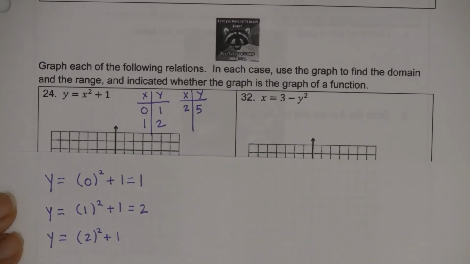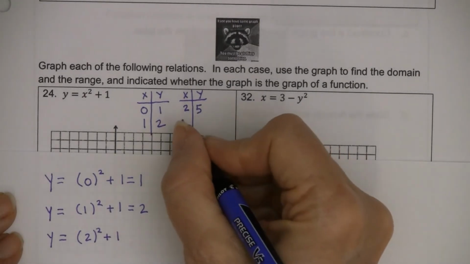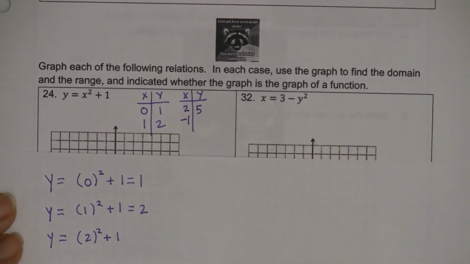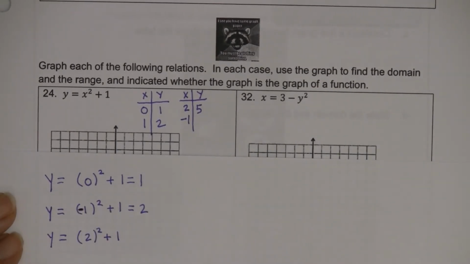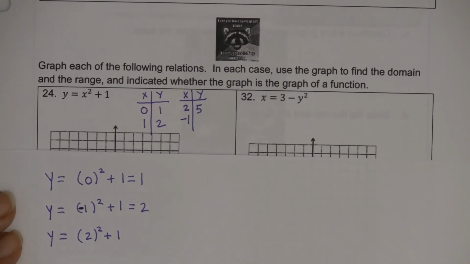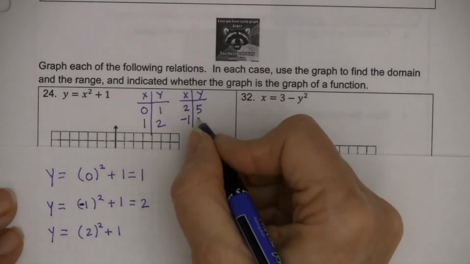Now I want to show you something: because of the squaring here, if I was to choose -1, do you guys agree that if I came here where I had plugged in 1 and put the negative right inside that parentheses right next to the 1, that -1 squared is exactly the same as 1 squared? So I would get exactly the same y value, which is 2.